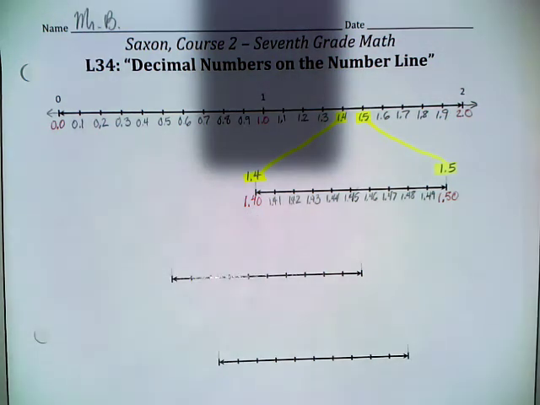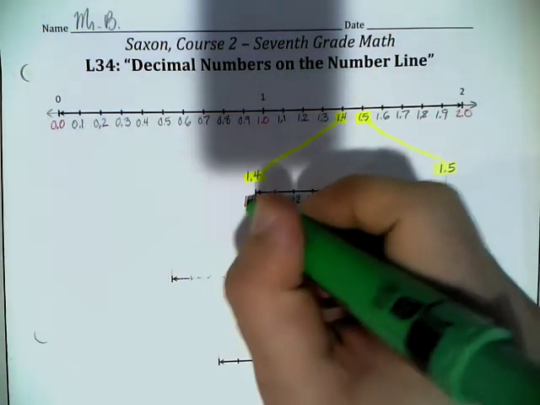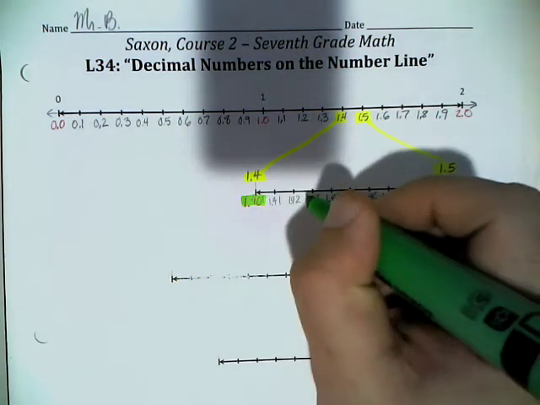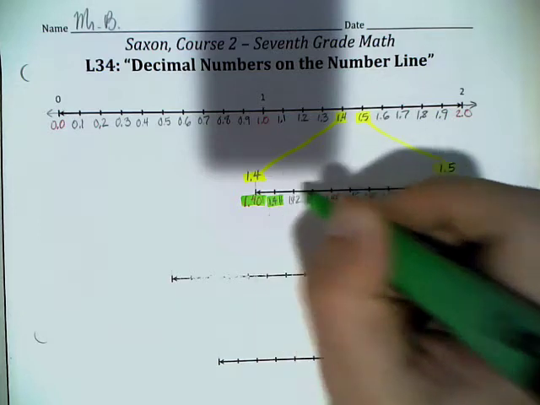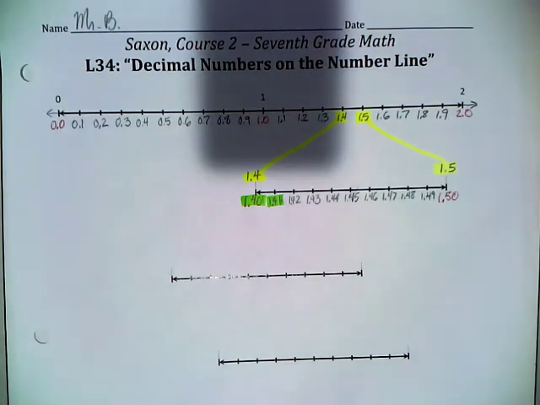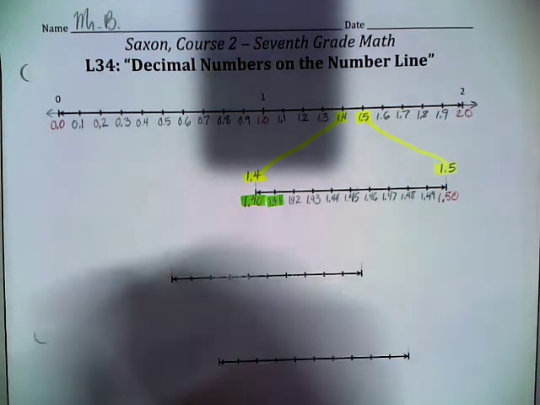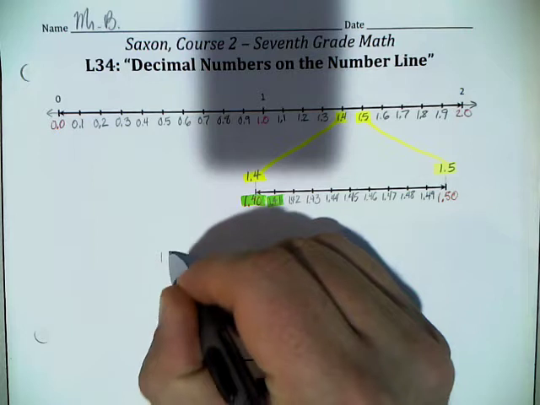Well, we're going to dive deeper yet. So let's grab your green next. And we're going to zoom in this time in between the 1.4 and the 1.41. So I'm going to put my 1.4 here.